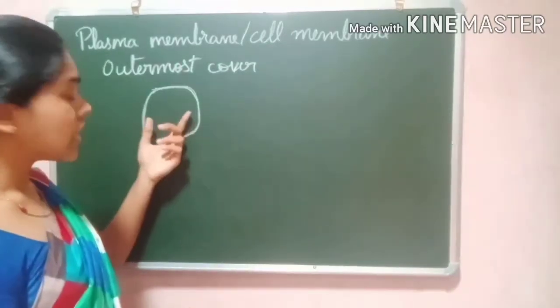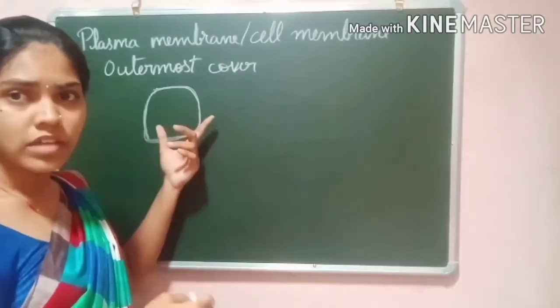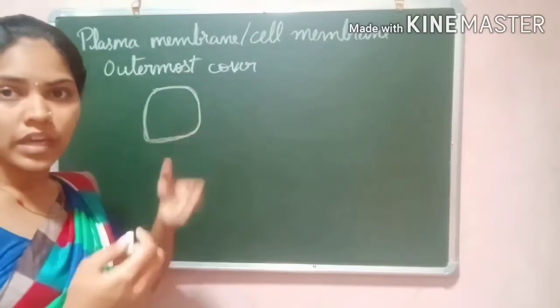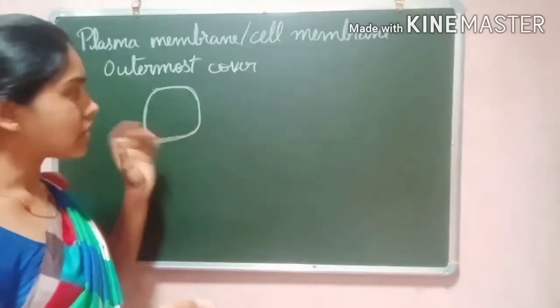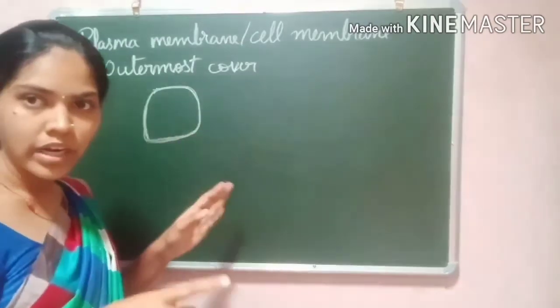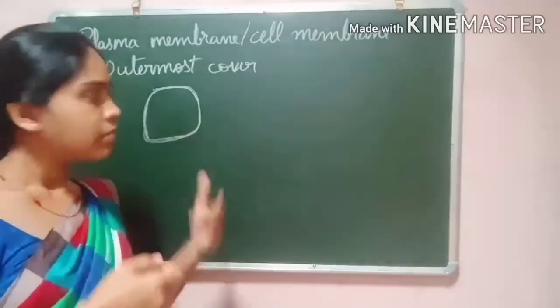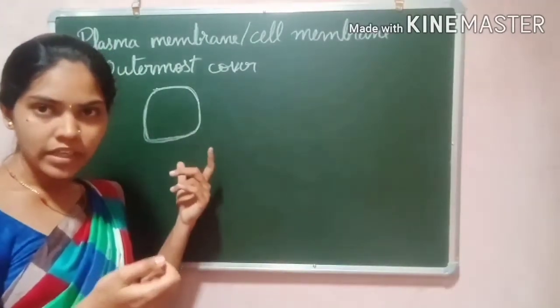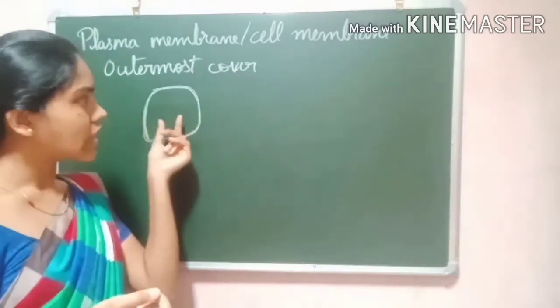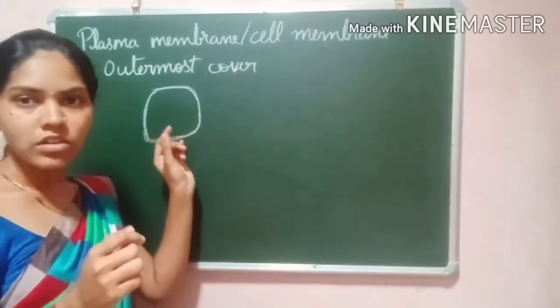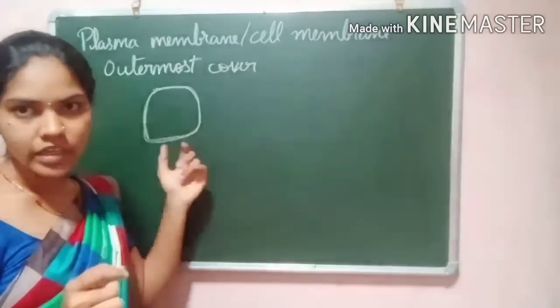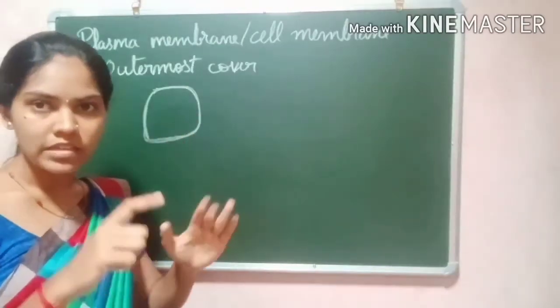So it permits the entry of the required materials for the cell. It acts like the boundary, and it permits only the required materials inside the cell, and it does not allow the movement of other materials into the cell. It acts like the gate.